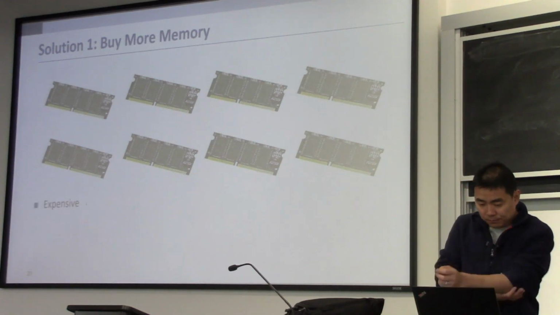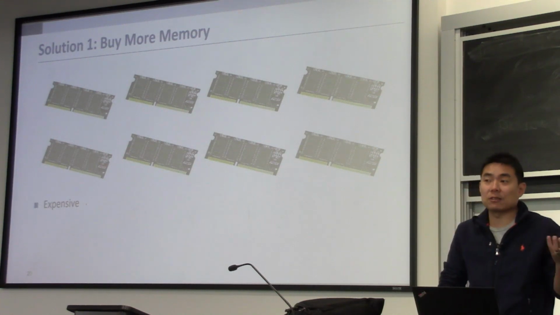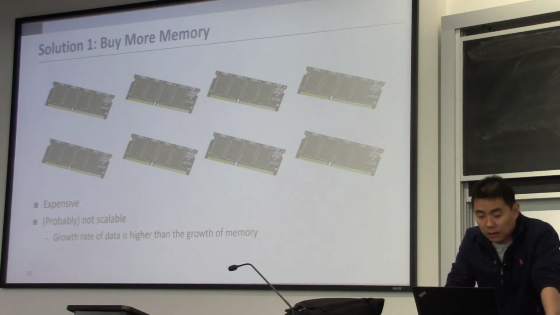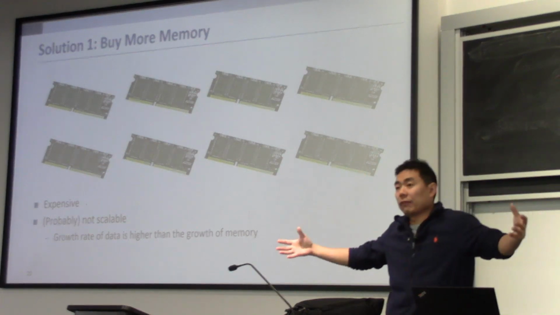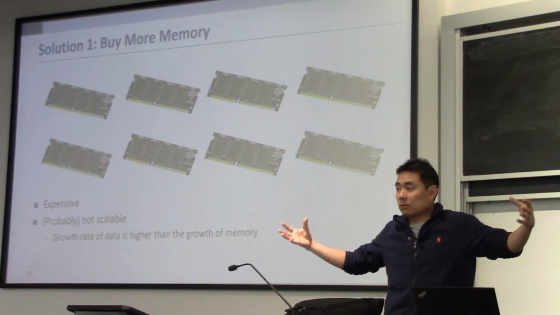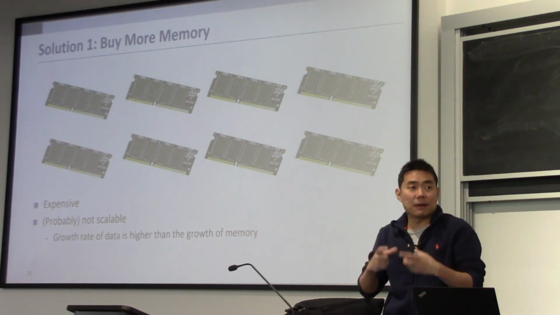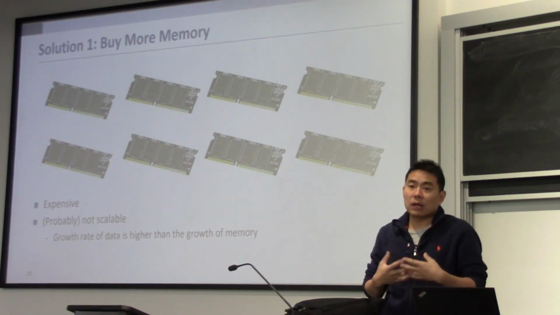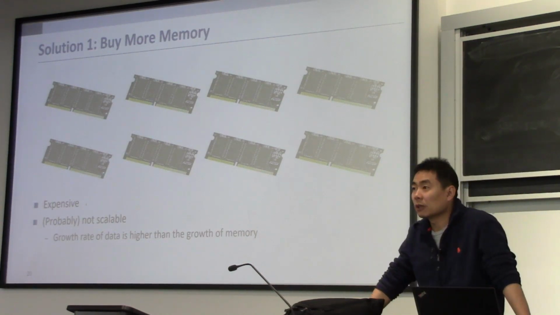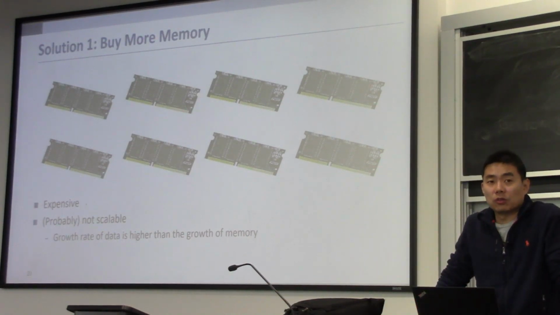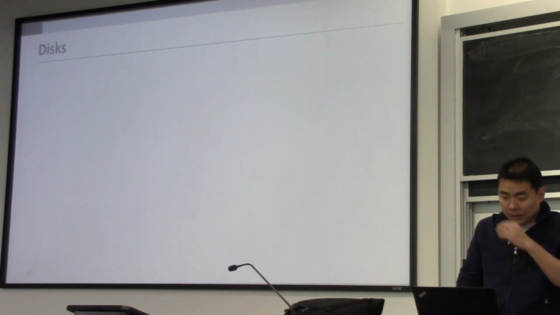But this is an expensive approach, and probably not scalable. You can probably afford hundreds of thousands of machines, each with big memory space, but you cannot afford to scale beyond that, because memory is still super expensive.